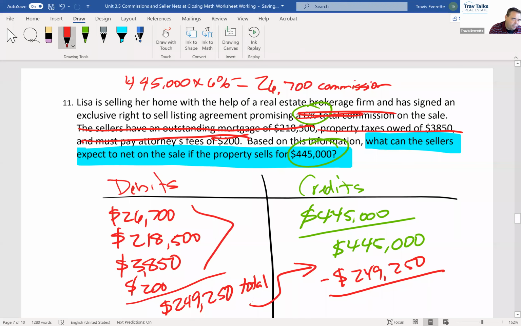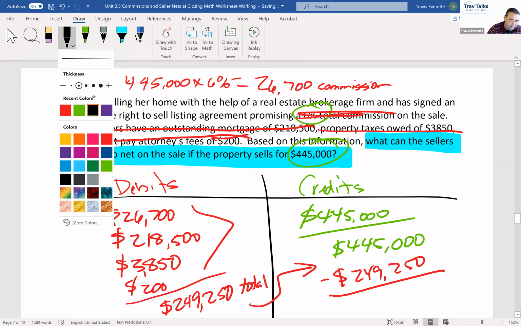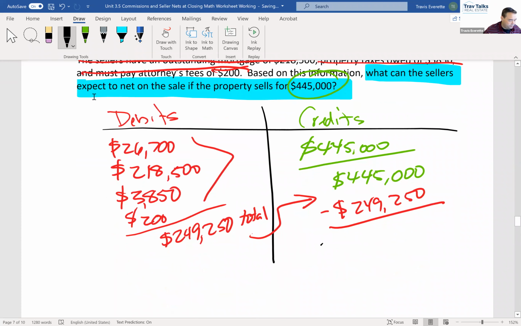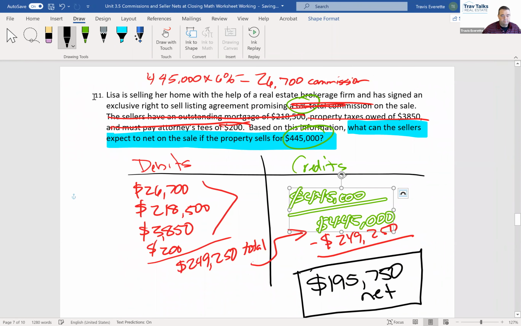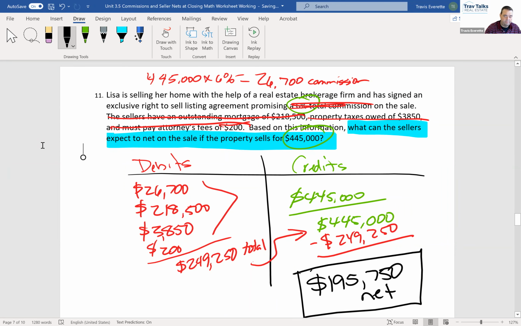And that will give us a final seller net of about 195,750 for a net. $195,750 for a net on that question. Okay.